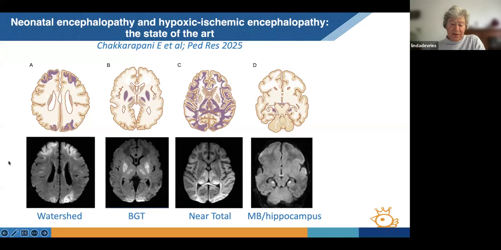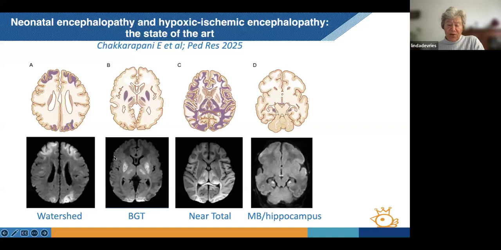And we see here the border zones, in between the main arteries, between the anterior and the middle, and between the posterior and the middle, we see these areas of diffusion restriction showing up as bright areas involving mostly the cortex and also a little bit of the underlying white matter. And that's what we call watershed type of injury.